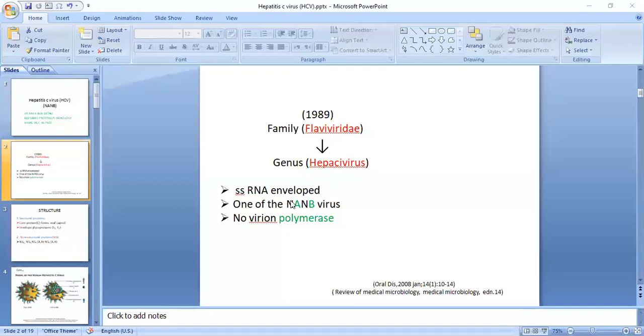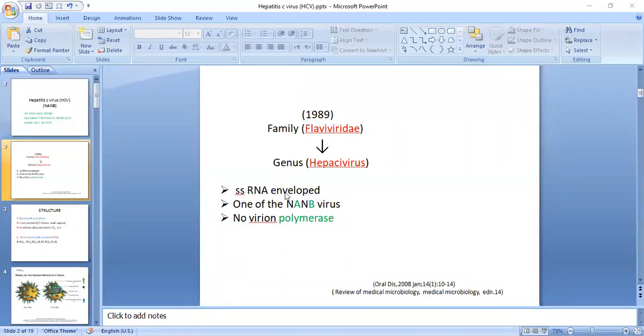This is a single-stranded RNA virus. You will be aware that the hepatitis B virus was a DNA virus, an enveloped virus, while the C virus is a single-stranded RNA enveloped virus, while the hepatitis B virus was a partially double-stranded DNA virus.